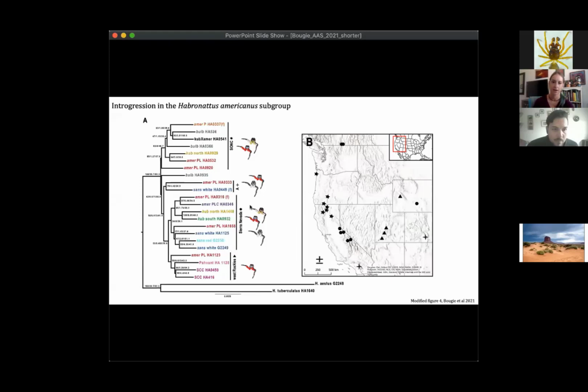So rather than evolutionary lineages reflecting species identity, they correspond more to geographic location. That's another signal of the degree to which the genomes are homogenized.